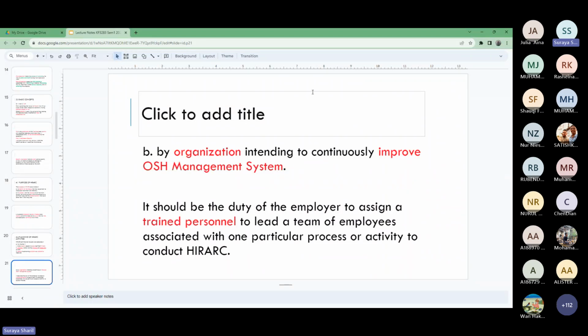It should be the duty of the employer to assign trained personnel to lead a team of employees associated with one particular process or activity to conduct HIRARC.